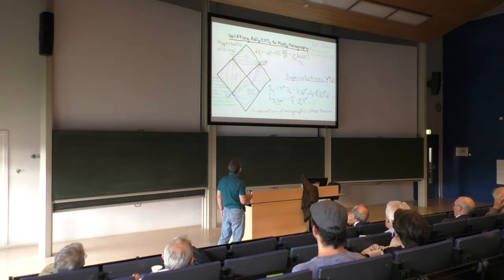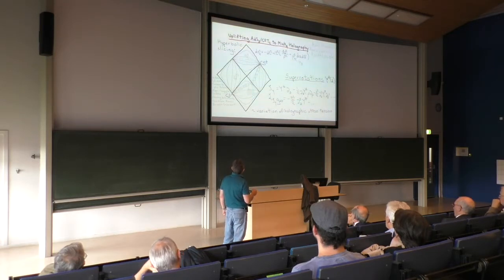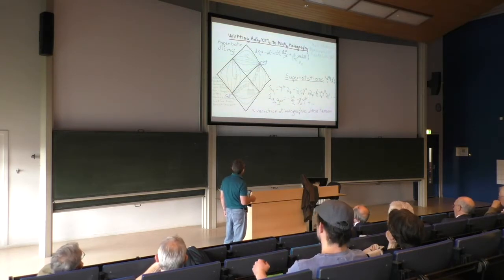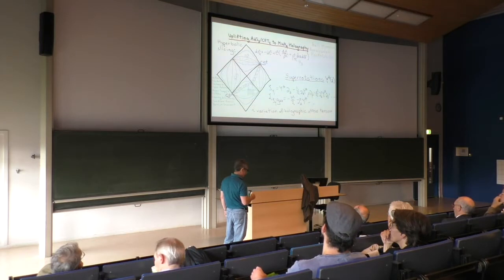Now, for those of you who are familiar with AdS, the subleading component of the metric on the hyperbolic space is known as the Brown-York stress tensor, and it varies under these superrotations.